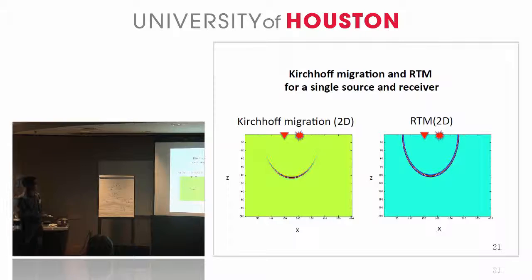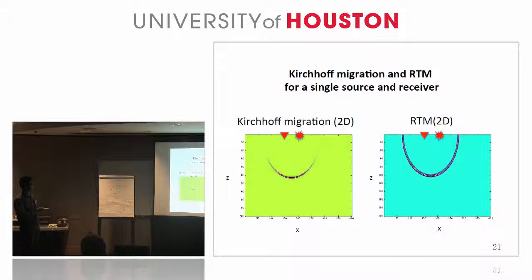Next, I'll discuss a comparison of Kirchhoff migration and RTM for a single source and receiver. We can see the figure on the left shows Kirchhoff migration for the source and the receiver location. And here, it produced candidates on an ellipse.